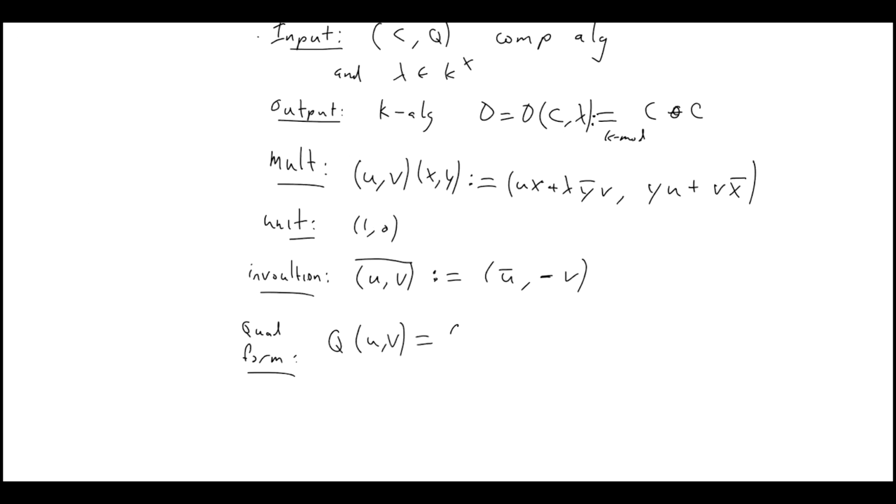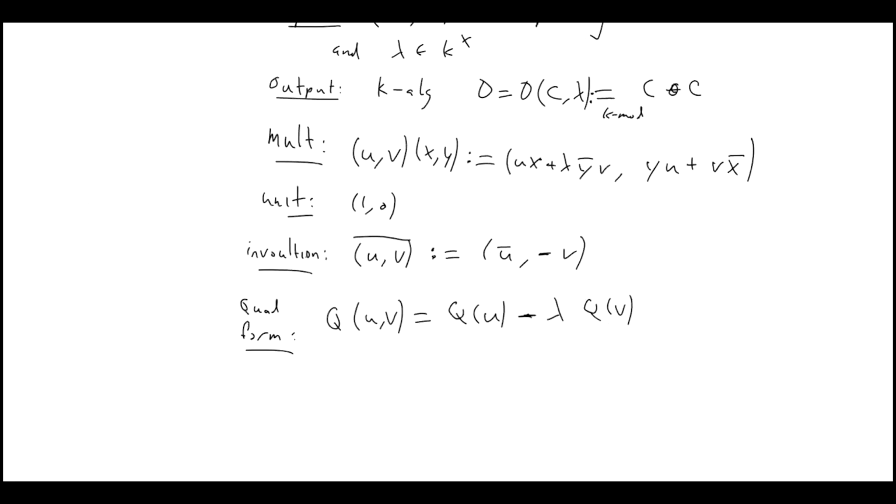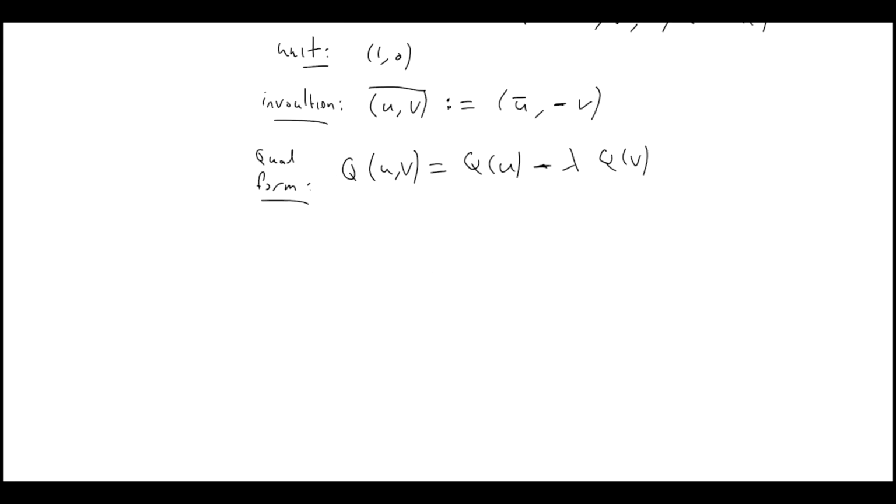This would be Q of U minus lambda Q of V. All right, so this is just some construction of a new algebra out of a composition algebra. It's got a lot of nice structure: multiplication, involution, quadratic form.